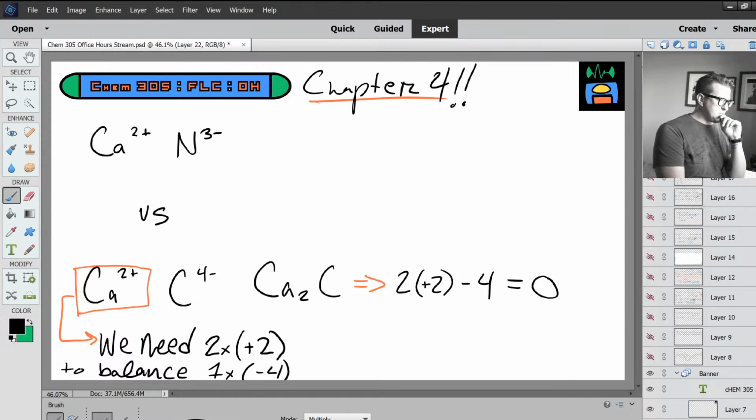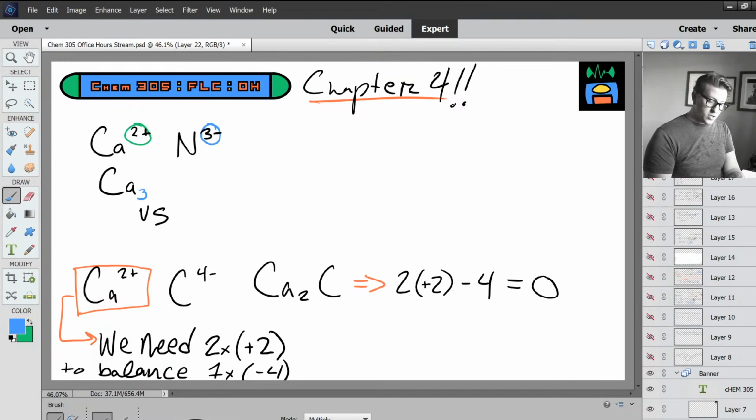Now with calcium nitride, whenever one charge does not evenly go into the other, you can simply give the cation subscript the anionic charge, and the anion subscript the cationic charge.